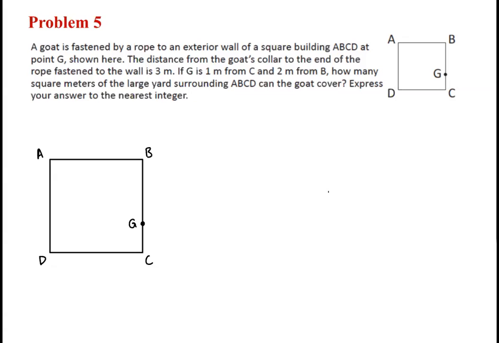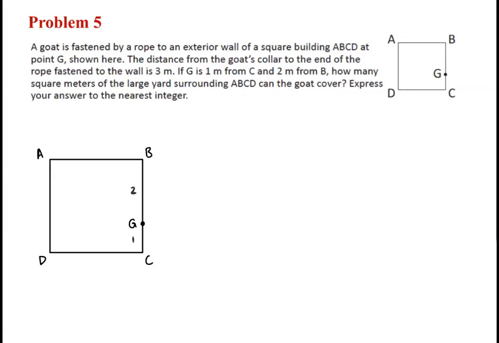So the goat is outside of the building, and the rope is 3 meters long, and GC is 1 meter, and GB is 2 meters. So we want to find how many square meters of the large yard surrounding ABCD can the goat cover?